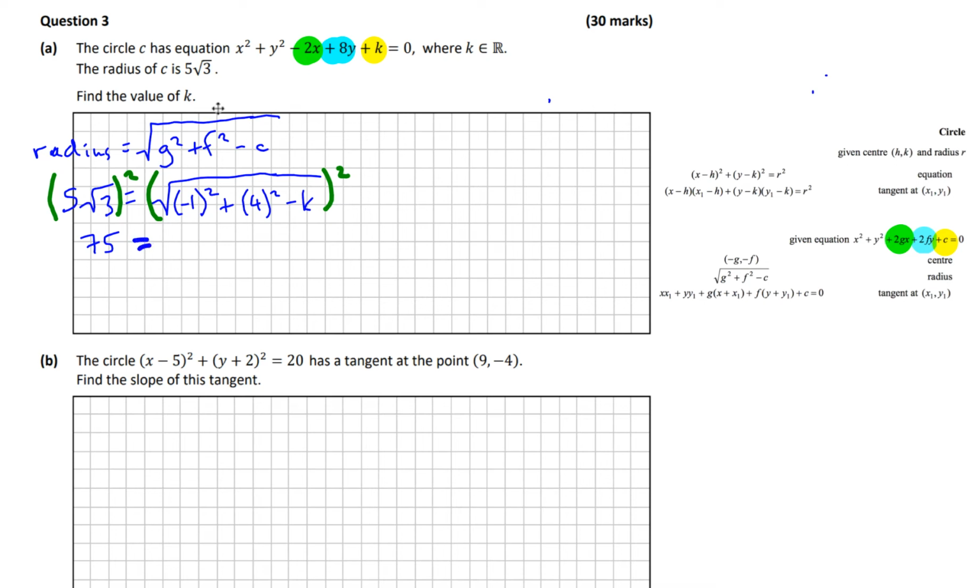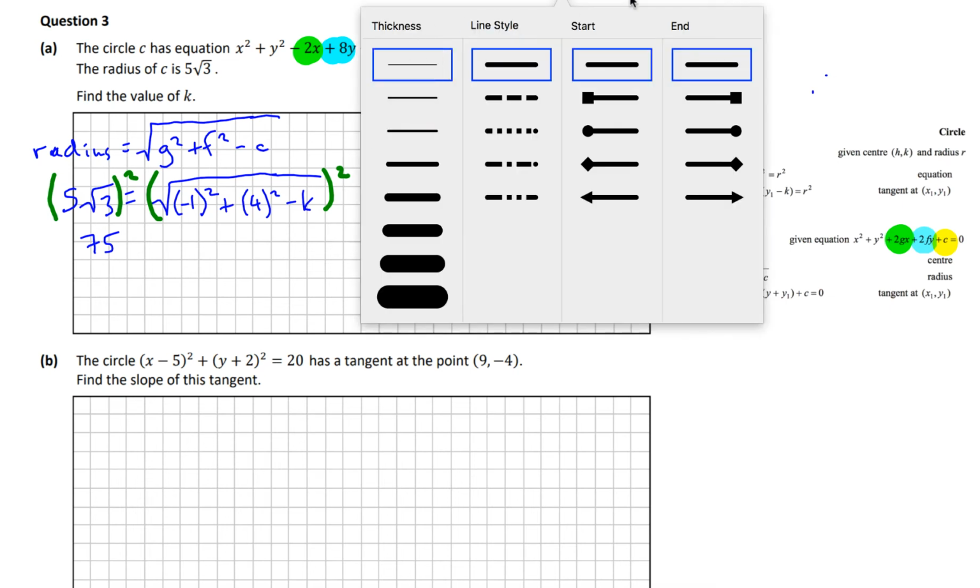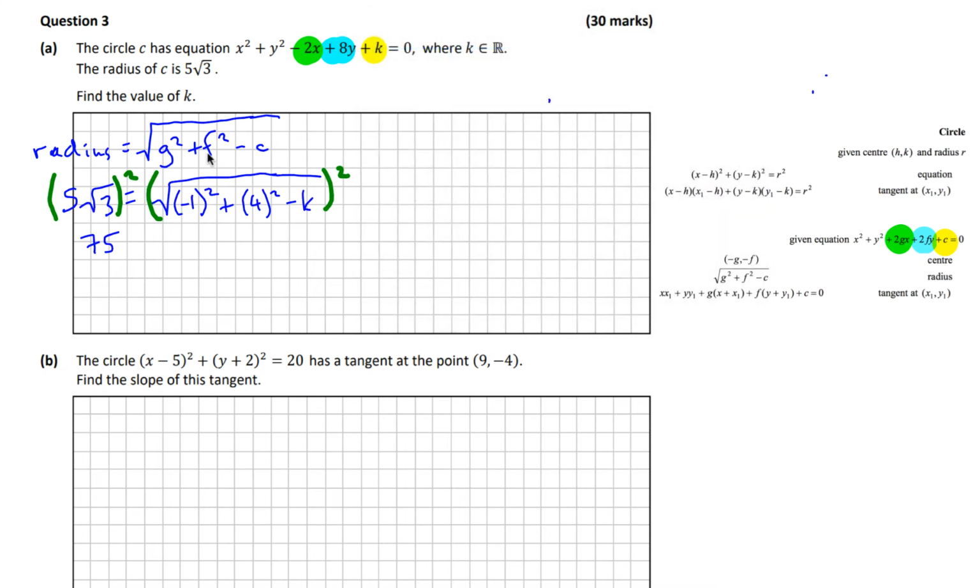Over here, the square root and the square undo each other, so you've just got 1 plus 16 minus k, and then you rearrange, bring the k to the left, and the 75 over here becomes minus 75, so you get 17 minus 75, which is minus 58. So there's our value for k.